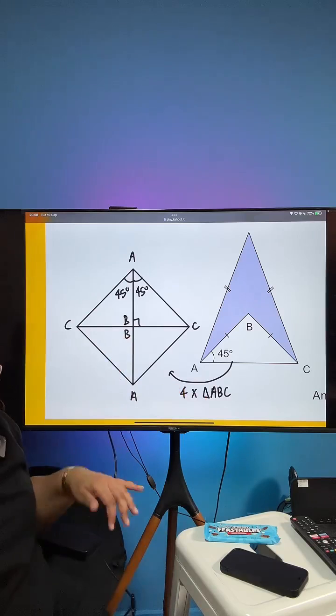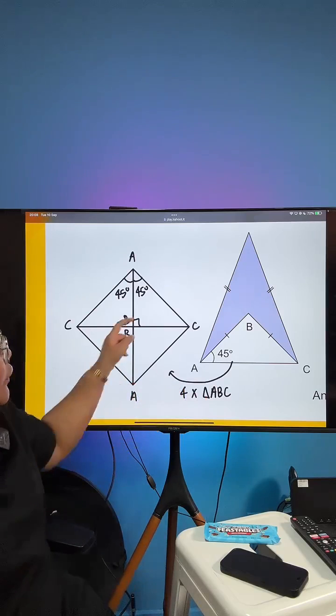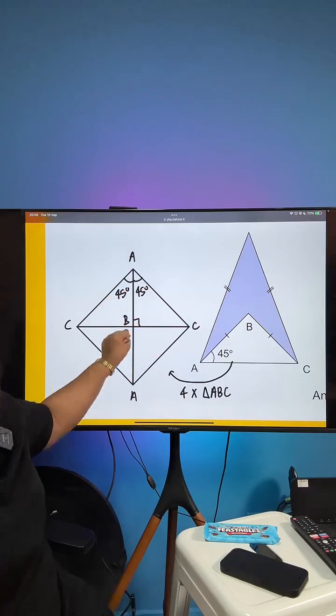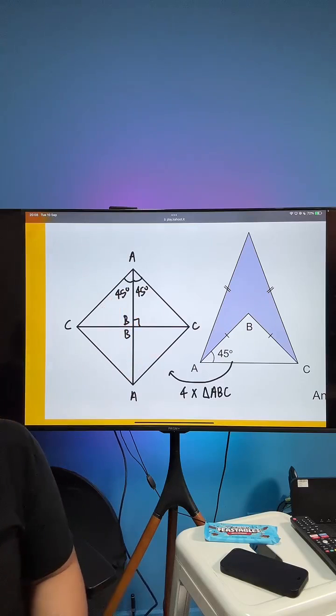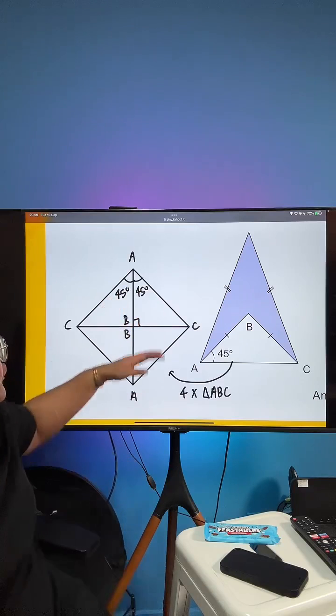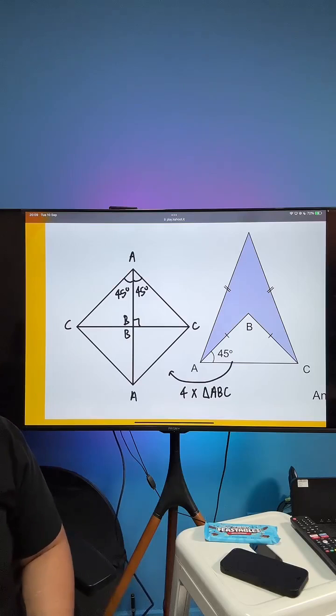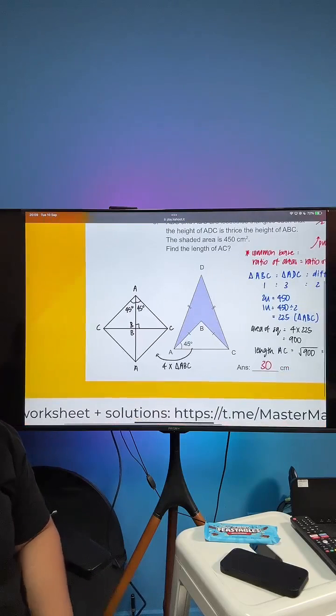So once we have this, we can just multiply 225 by 4 to find the area inside. And once you have the area inside, you can take the square root to find the length of the square. Square root the area to find the length.